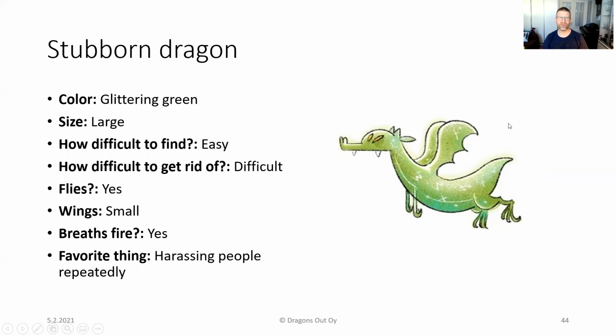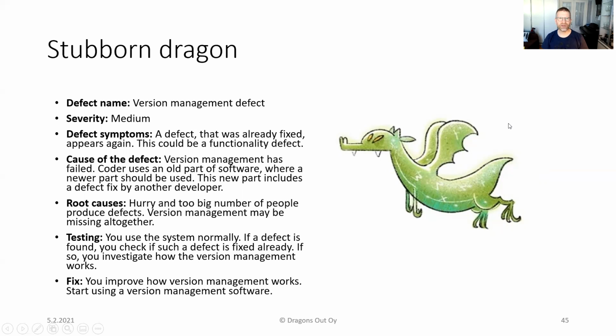And then we have stubborn dragons. They are like any functional defect usually, green, harassing people, but they do it again and again, repeatedly. And why do they do it repeatedly? Good question. Why a repeated defect happens is because version management fails. So we talk about version management defects. Any defect that was found earlier and was fixed strangely comes back. So in a later version of the software, a defect that we thought was gone goes back there.